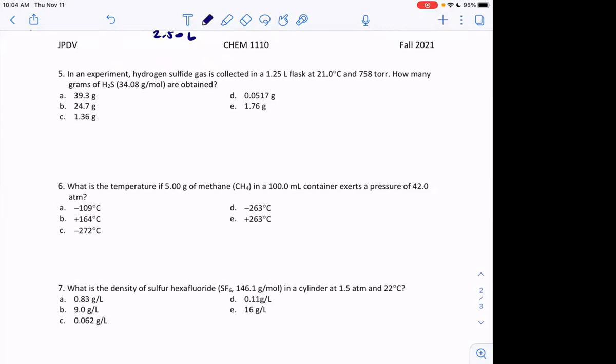Temperature, the pressure, we got volume. Should be easy enough to get moles, right? And then we can convert to grams because we're given a molar mass which has grams in it.